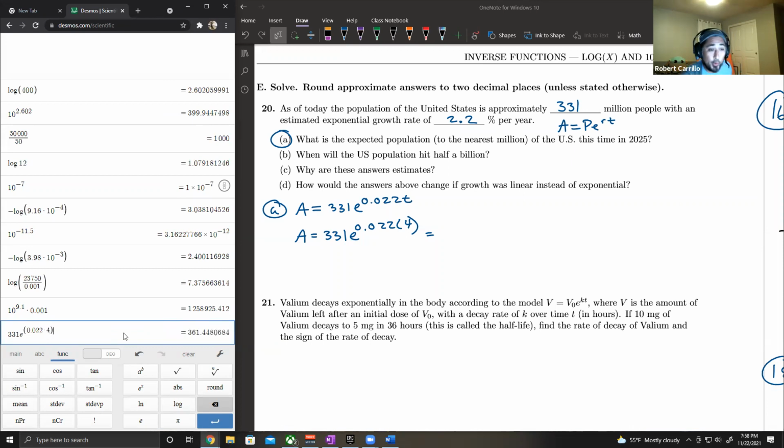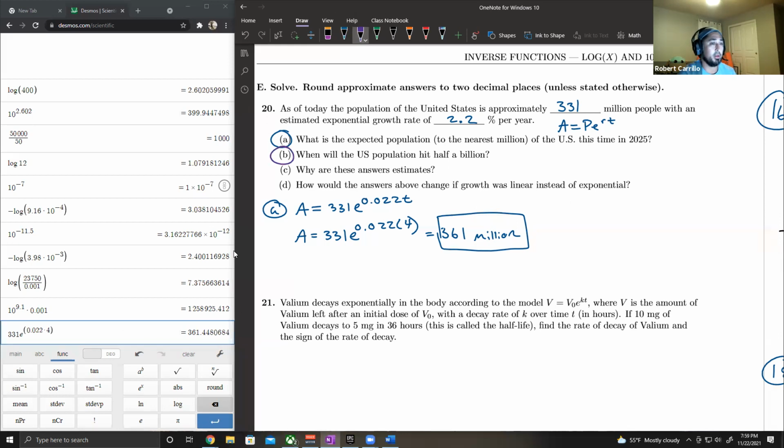And in 4 years, we are predicting the population to go to 361 million. Oof. That's 30 million people over 4 years. My goodness. Okay. All right then.